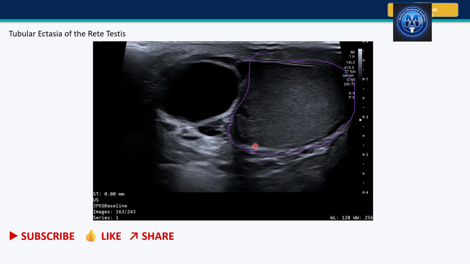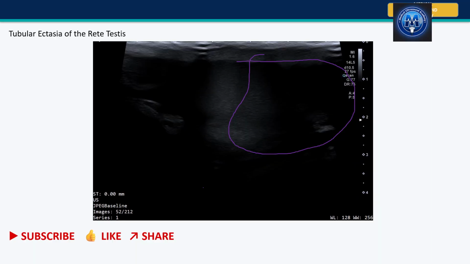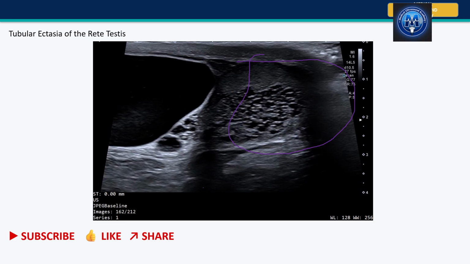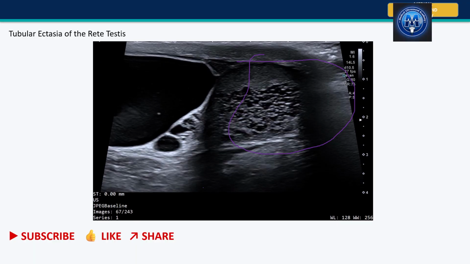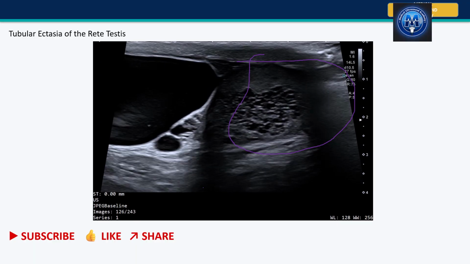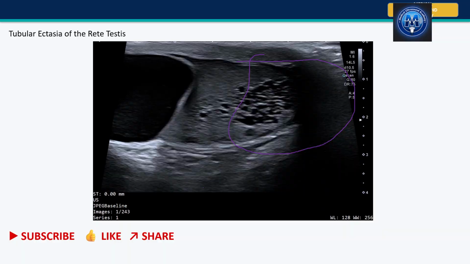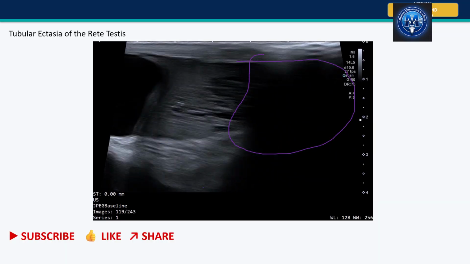So you must be in a position to distinguish a complete hydrocele and an encysted hydrocele. You must know the difference between those two, and then you can also have these tubes which are dilated in the epididymis. That will now be called tubular ectasia of the epididymal head.